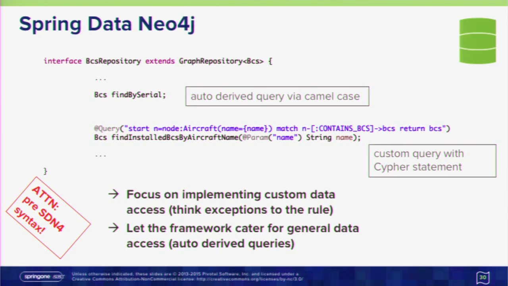Effectively, this reduces a lot of boilerplate code and common code that you would normally need to write, because you can focus on exceptions to the rule. If you have a special query, write that special query. But the normal save, load, find by attribute XYZ, this is already done.